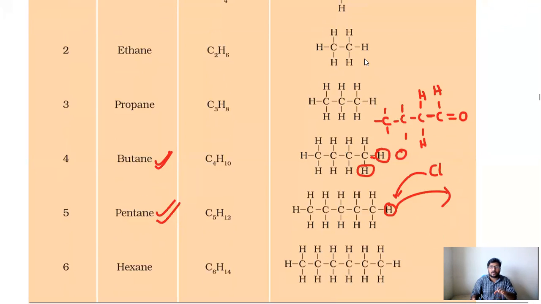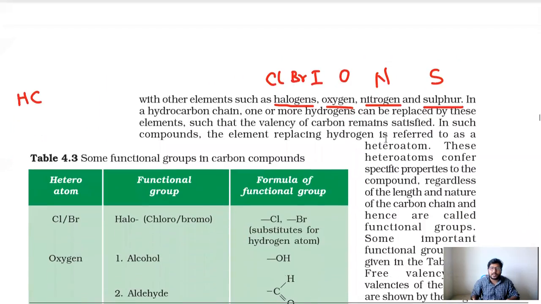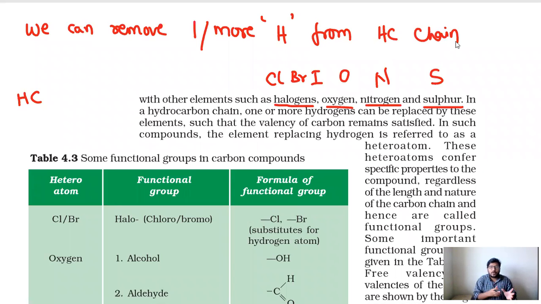You see, in this structure we have only hydrogens and carbons. So in this lecture, additionally, what you are going to learn is, we can remove one or more hydrogens from a hydrocarbon chain, and those hydrogens can be replaced by these elements.